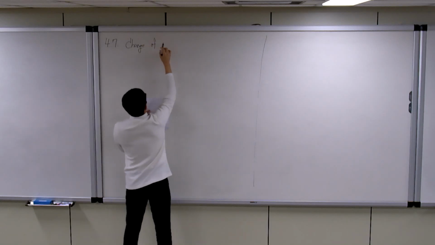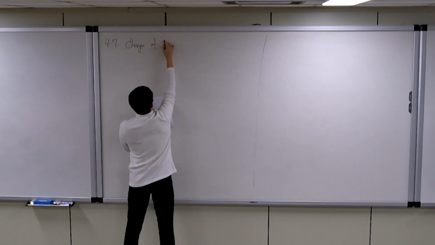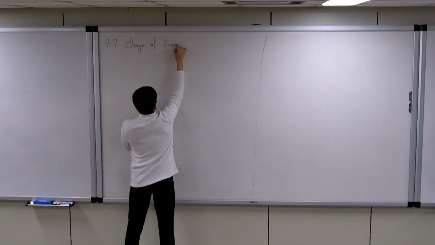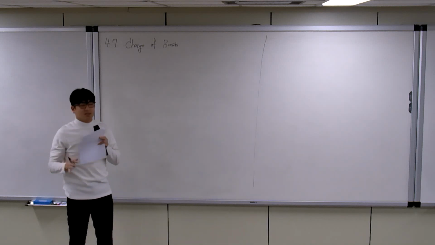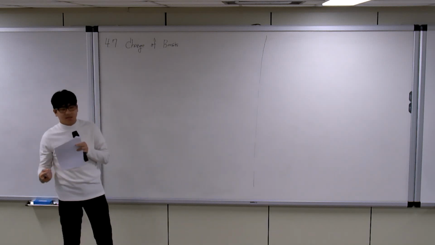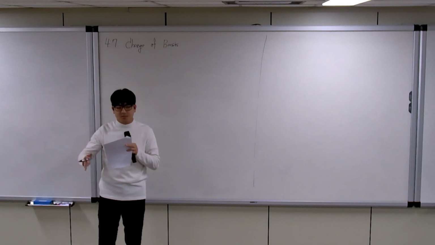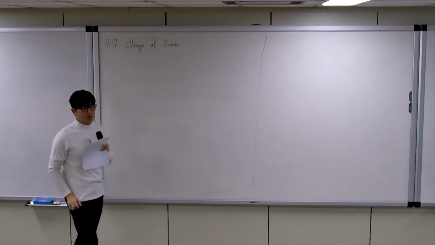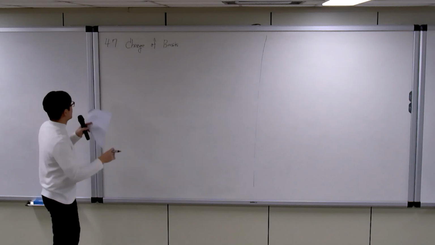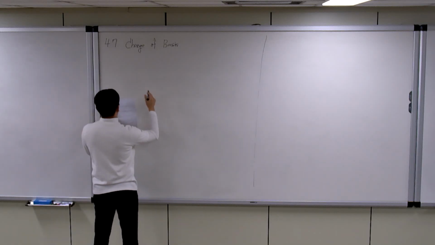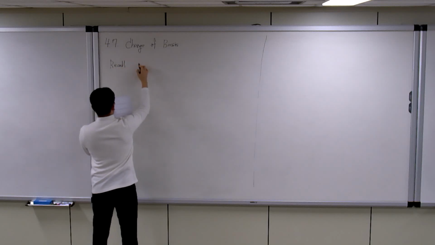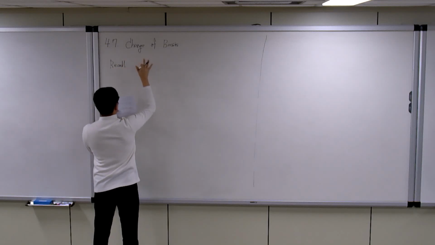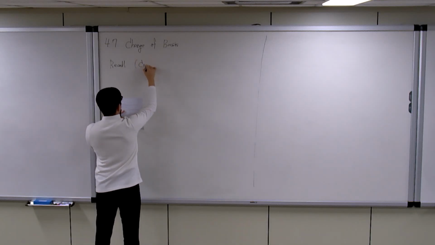This chapter is change of basis. And we saw that a basis always has the same number of elements for a vector space V. So that means by using a basis, you will have a coordinate map.